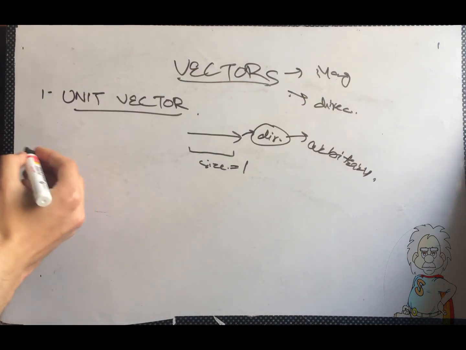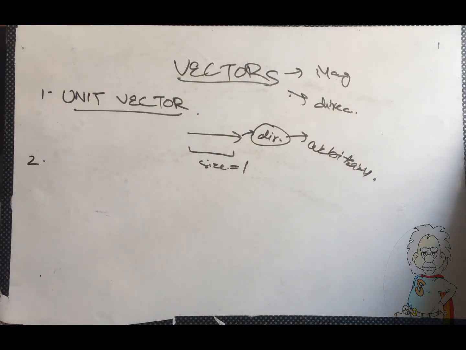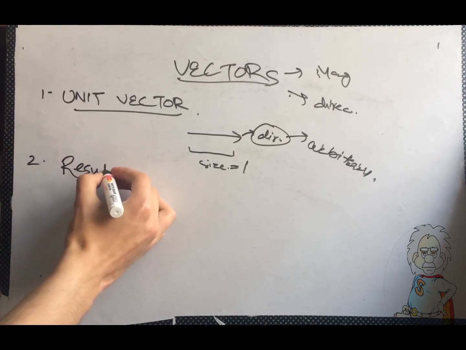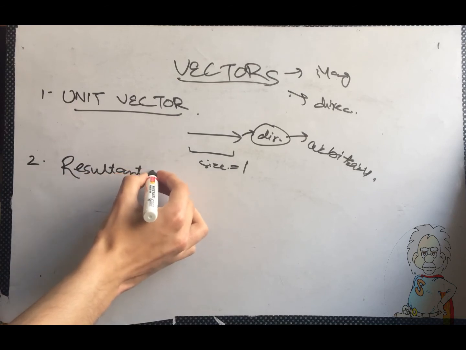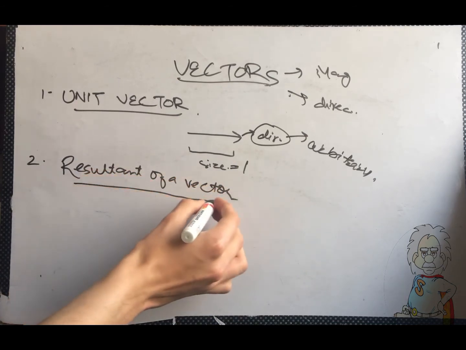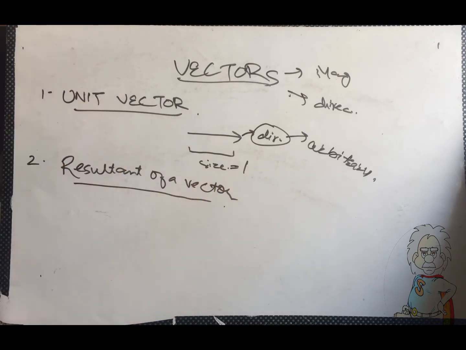Number two term which we have to understand is, what do we mean by the resultant of a vector? The resultant of vectors means the vector which produces the same effect as produced by its components individually.